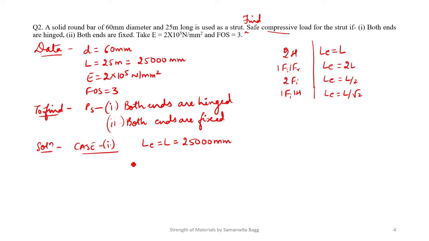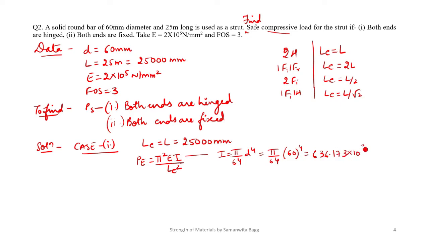Now we are in case 1. LE is equal to L. First I'll calculate PE, that is pi square EI upon LE square. For calculating I, again I'm going to use the formula pi by 64 d raised to 4. So it is pi by 64 into 60 raised to 4. This is 636.173 into 10 raised to 3 mm raised to 4.